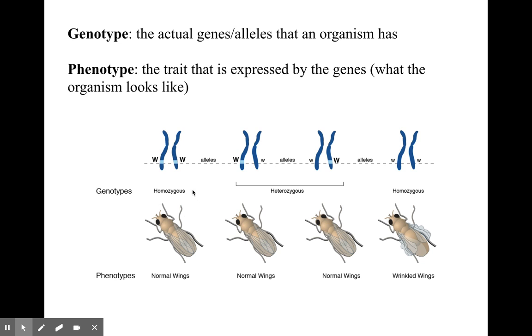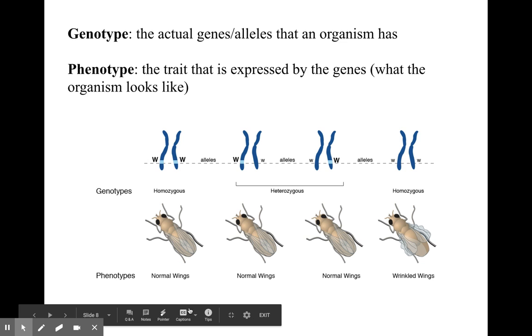And so if you look here with the flies, the dominant gene here is to have normal wings. So having normal wings is dominant. As long as you have one dominant gene, then you have normal wings. So if you're homozygous dominant, you have normal wings. But if you're heterozygous, you also have normal wings.